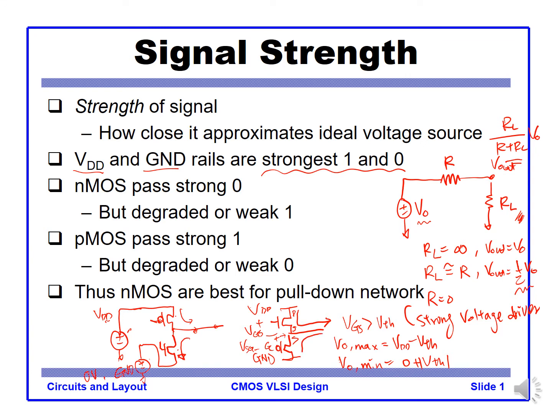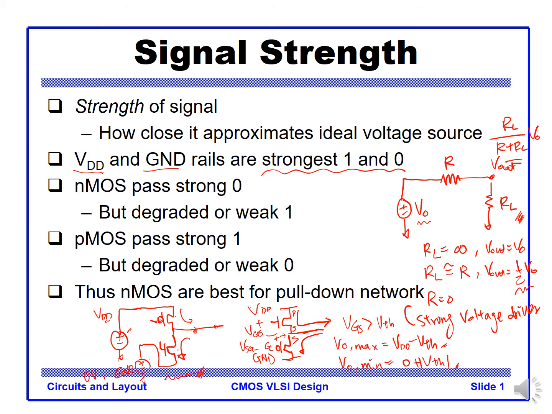When it is trying to pull down the voltage and the drop gets close to VTH, VSG becomes the absolute VTH, and then the PMOS will be turned off. So the maximum and minimum voltage is quite limited compared with the ideal case of the proper use of the transistor in digital.